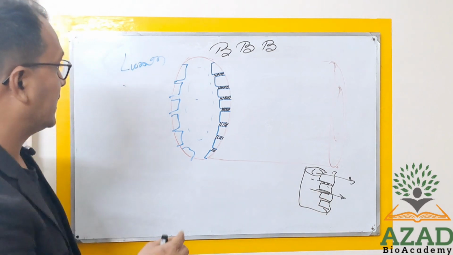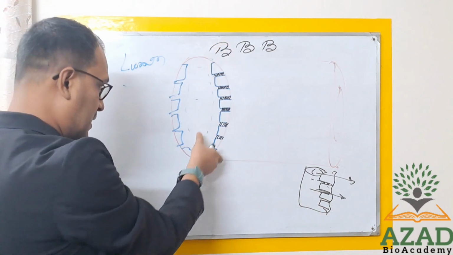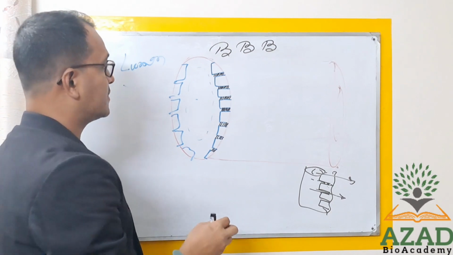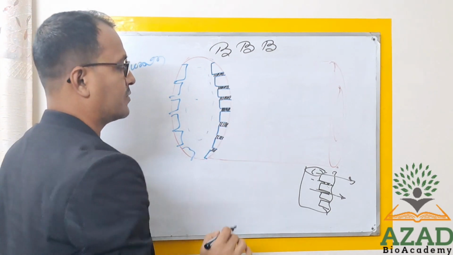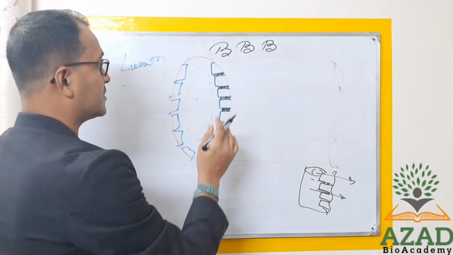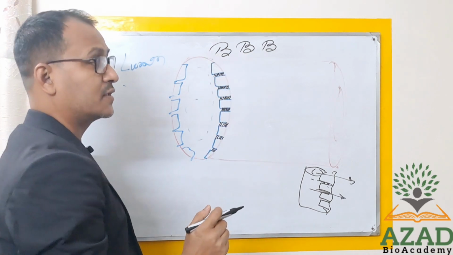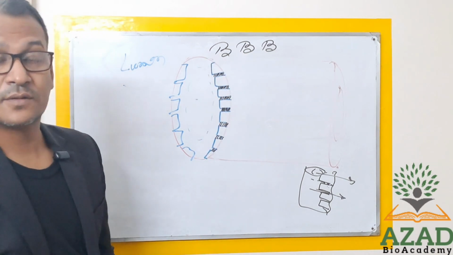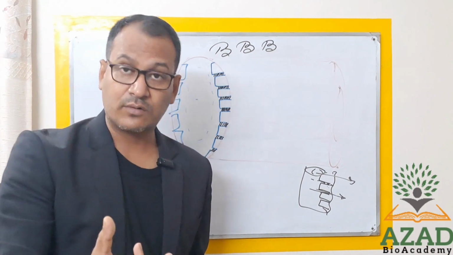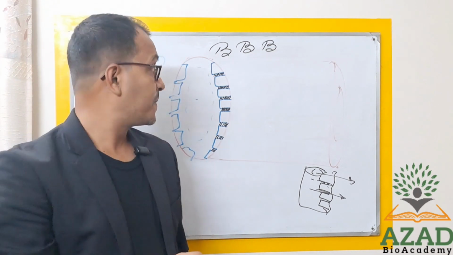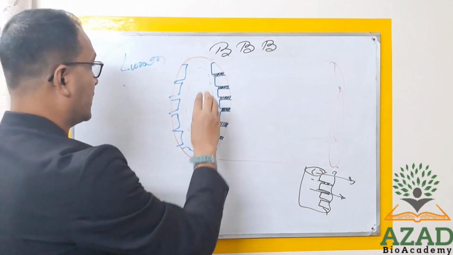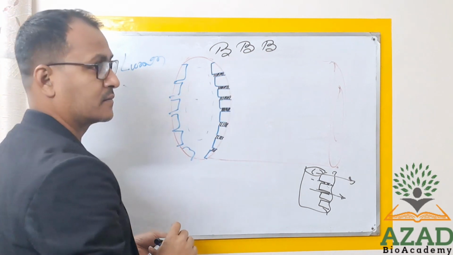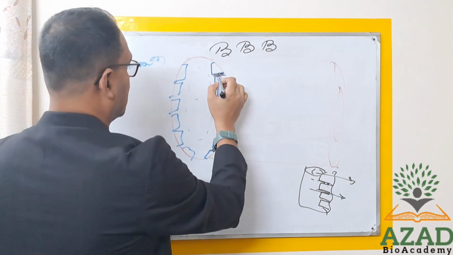But here within your brain capillaries there is no such type of gap, because the gap is sealed by the special type of protein complex which is made up of claudin proteins that will make a junction that is called tight junction.